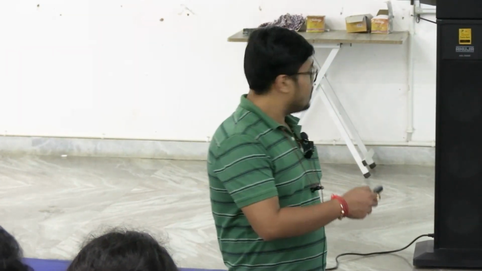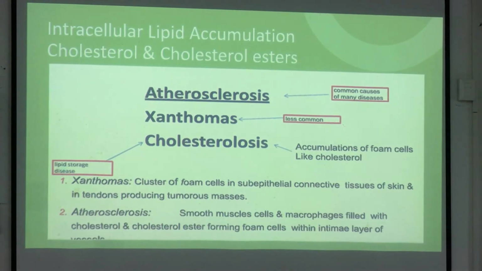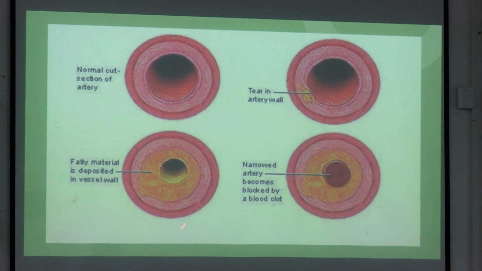Then cholesterolosis. This is atherosclerosis: normal cut section of the artery, normal artery, tear in the arterial wall, endothelial injury, damage, and fatty material deposited in the vessel wall due to acceleration by various comorbidities like hypertension, dyslipidemia, smoking, obesity, sedentary lifestyle, trauma.